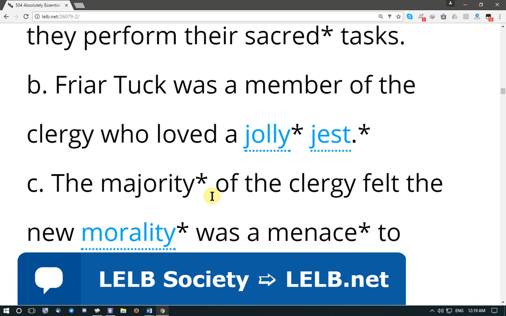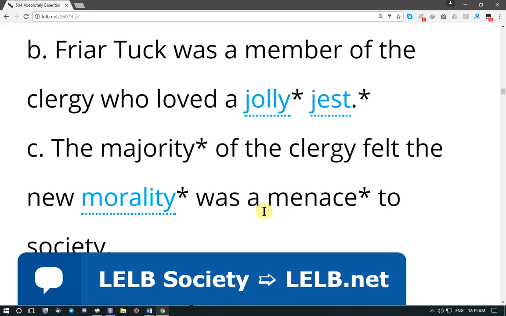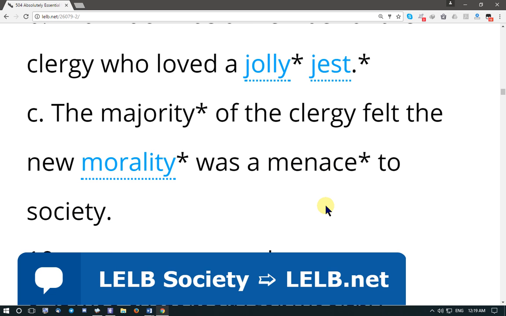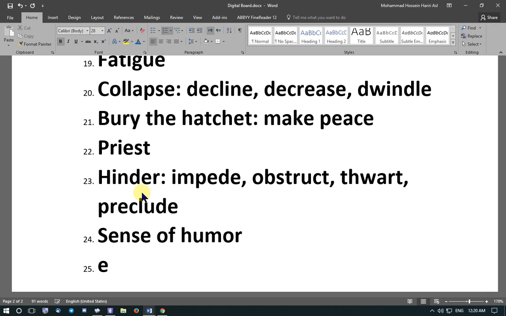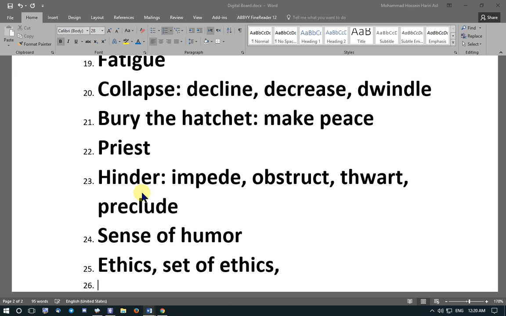The majority of the clergy felt the new morality was a menace to society. So most of the clergymen felt that the morality, or set of ethics, mannerism, was a menace.